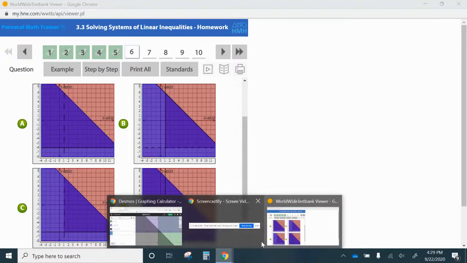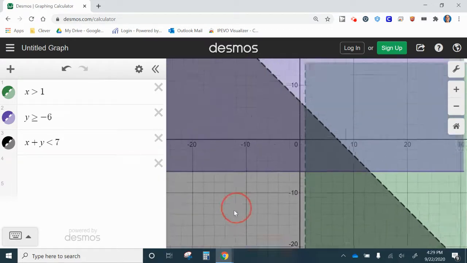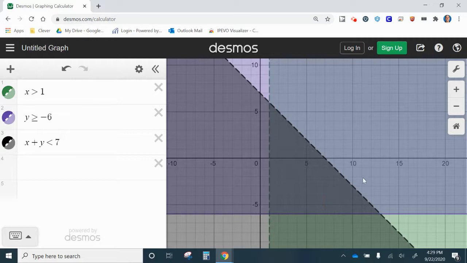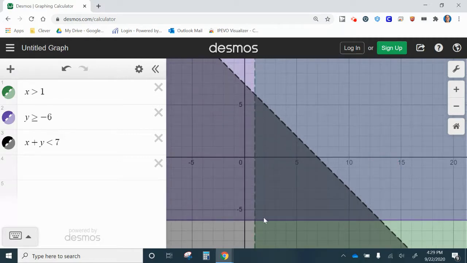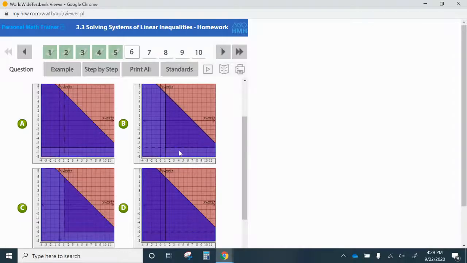Oh, you know what? I need to zoom in. That's why. So you can see how this triangle is a little bigger right there. And so that makes more sense. And so this is the only one that has a dark overlapping region. But this has two solid lines, and this one's hard to see. This one has the two dashed lines, so the answer is C.